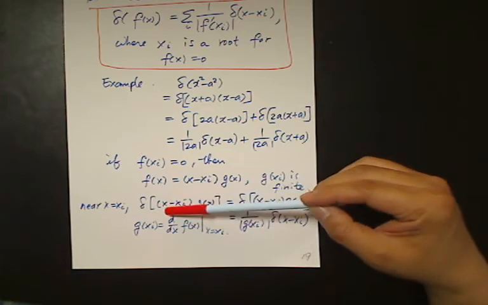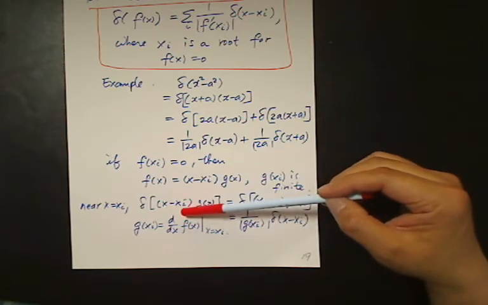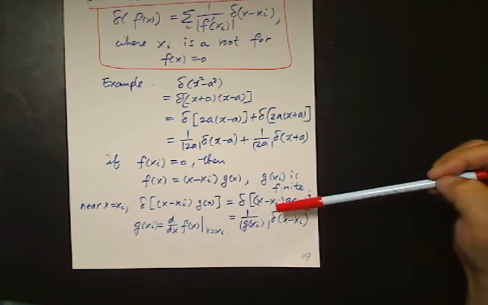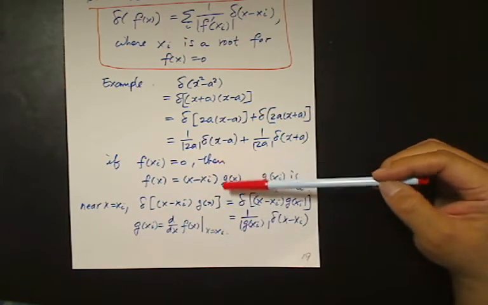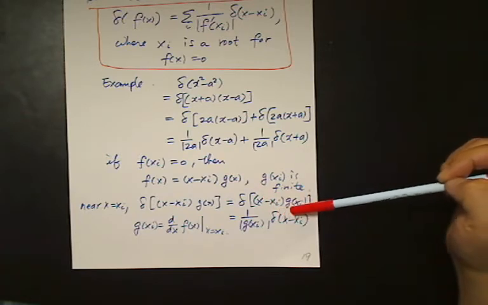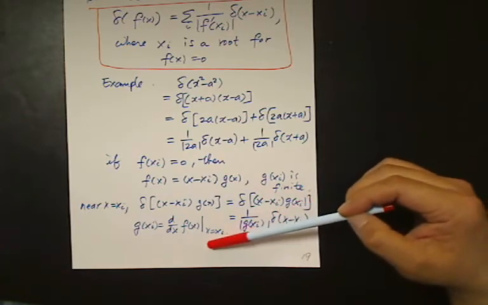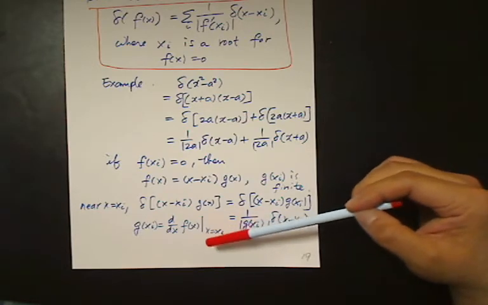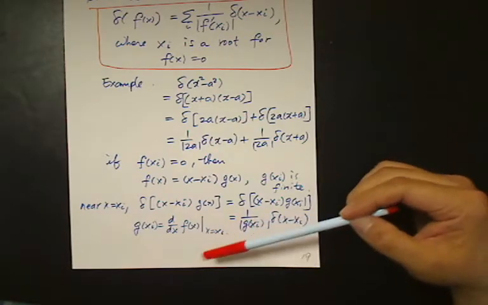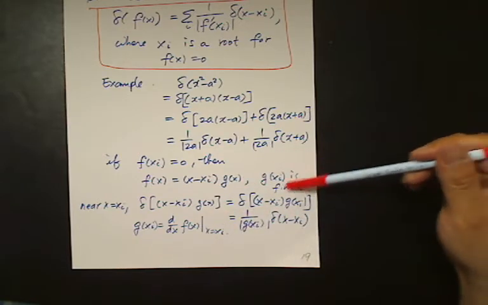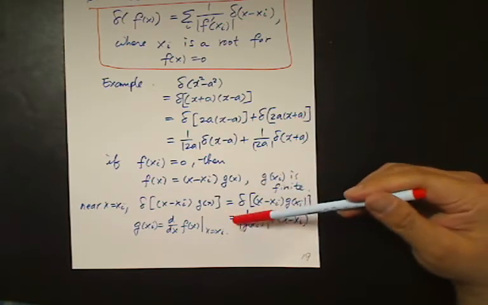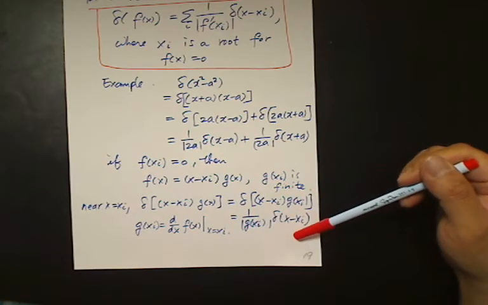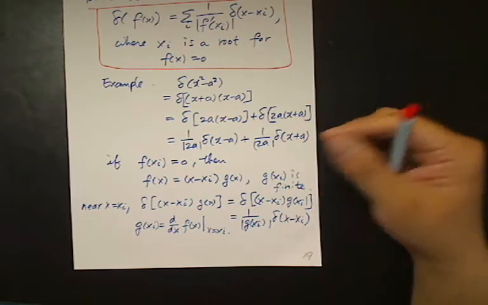So when x reaches xi, this one becomes g of xi, and that is actually the first order derivative, with x replaced by xi. So the constant coefficient can be factored out after taking the inverse of the absolute value. Okay, this is the proof for this formula.